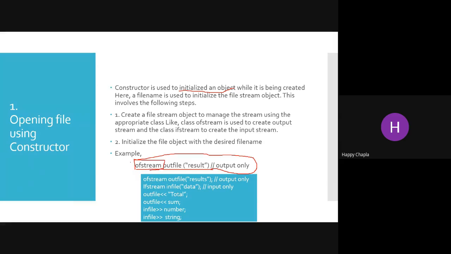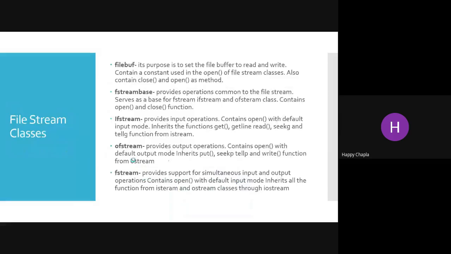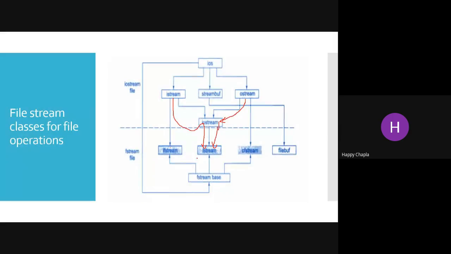How can you find the constructor name? Whatever classes we have: ifstream, fstream, ofstream, filebuf, and fstreambase, right? So this many classes we have. If I want to create the constructor of the ifstream class, the constructor name is ifstream itself with the bracket. If you want to pass any argument, you can.